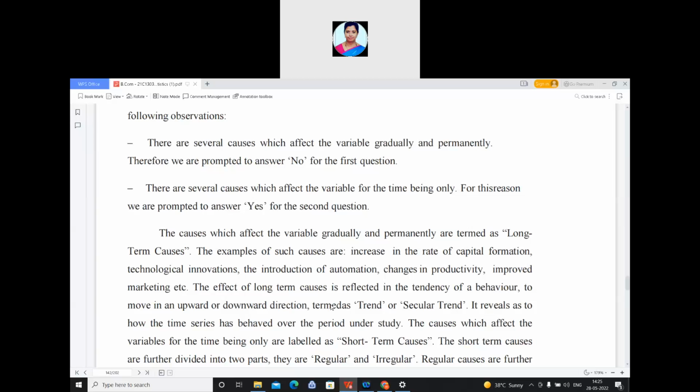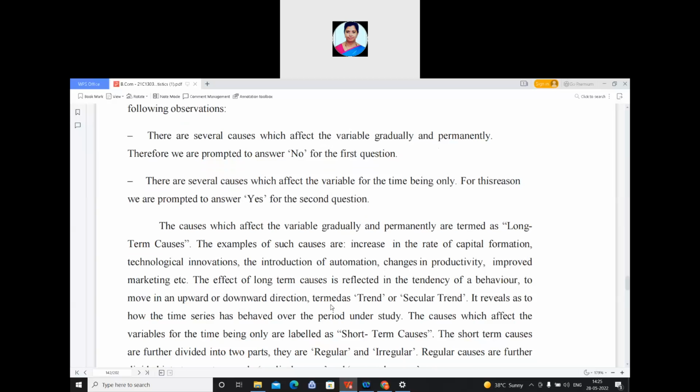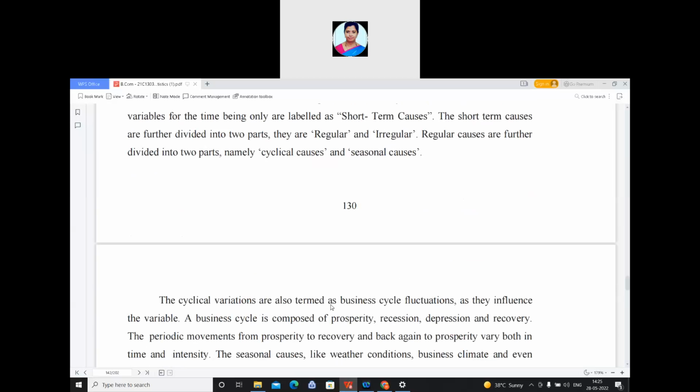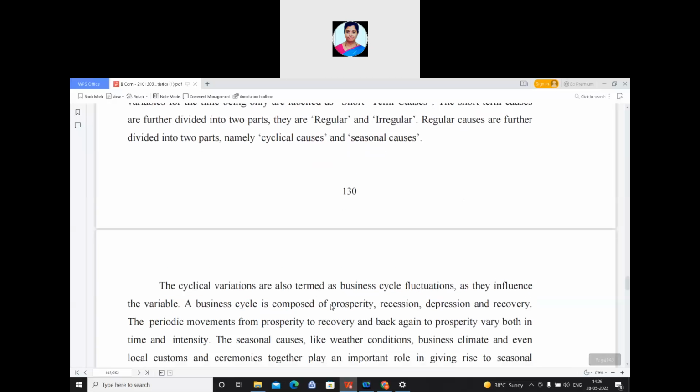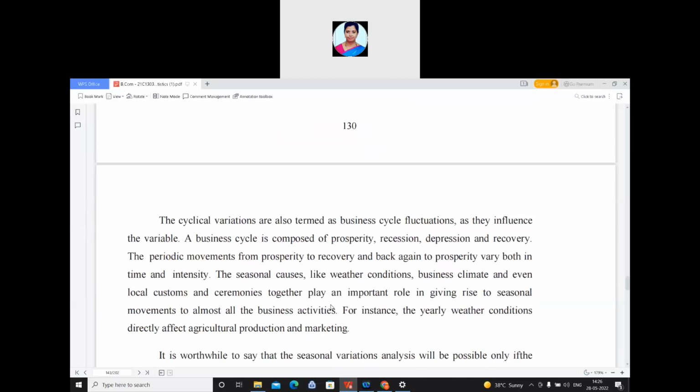The causes which affect the variable for the time being only are labeled as short-term causes. The short-term causes are further divided into two parts. One is regular and another one is irregular. The regular causes are further divided into two parts. One is cyclical causes and another one is seasonal causes.